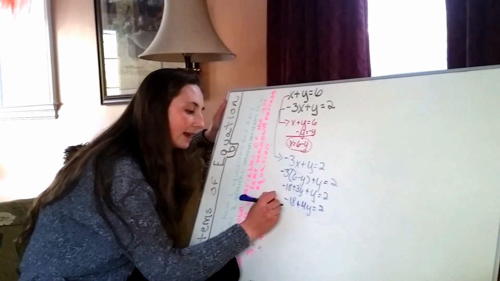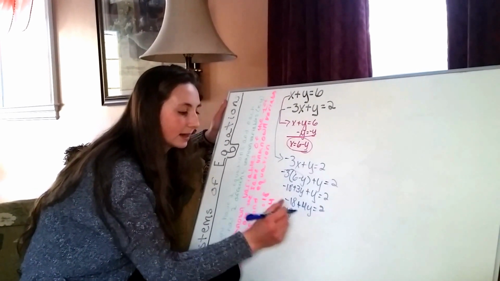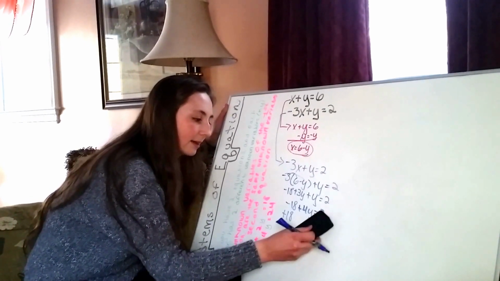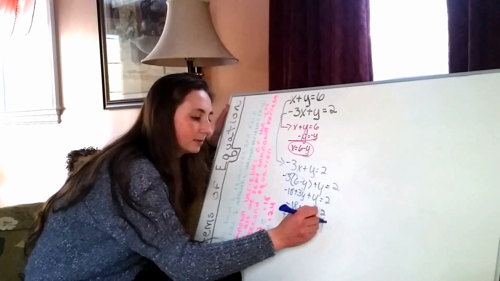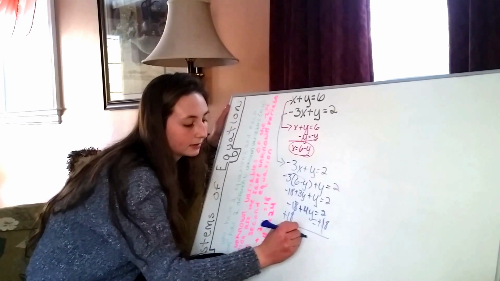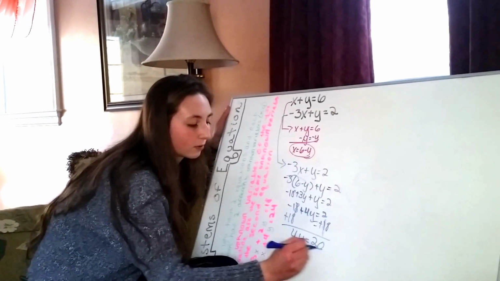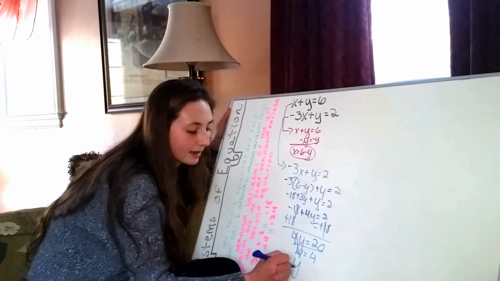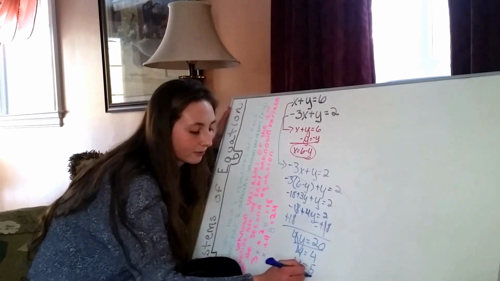We're going to add 18 to both sides because that's a negative. Now we have 4y is equal to 20. Divide both sides by 4. And we have y is equal to 5.